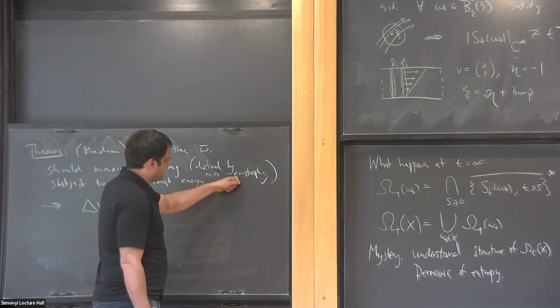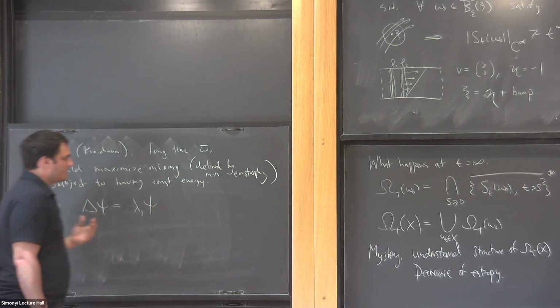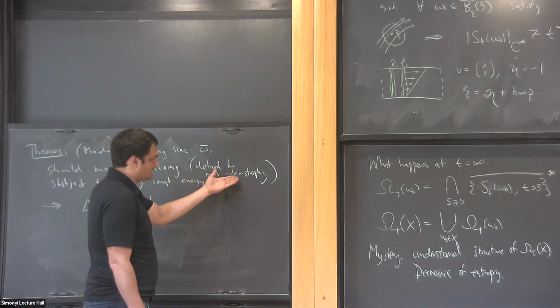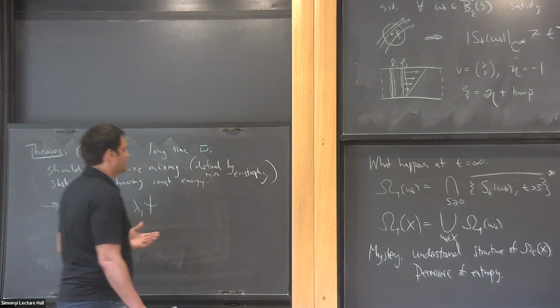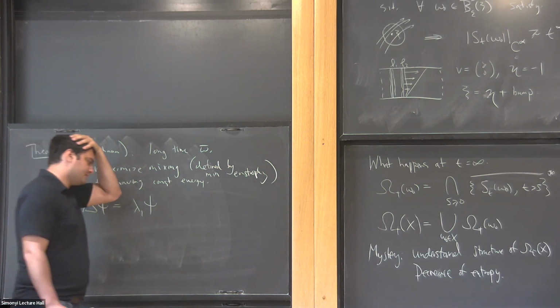One point that's a little bit unsatisfactory is that you are defining maximizing mixing by minimizing one particular Casimir, the entropy, the L2 norm of the vorticity, where you could really choose any convex Casimir and make the same statement, and the prediction would change, in fact. So that's a sticky point about it.